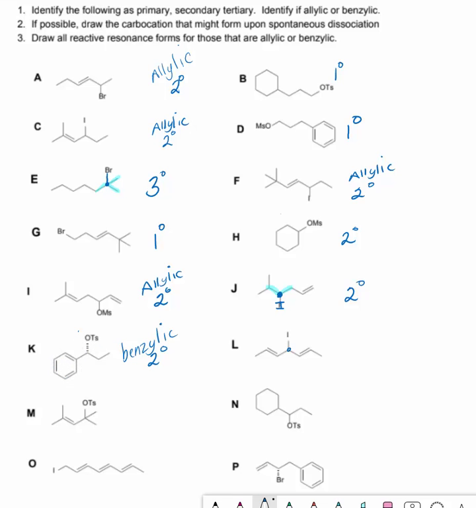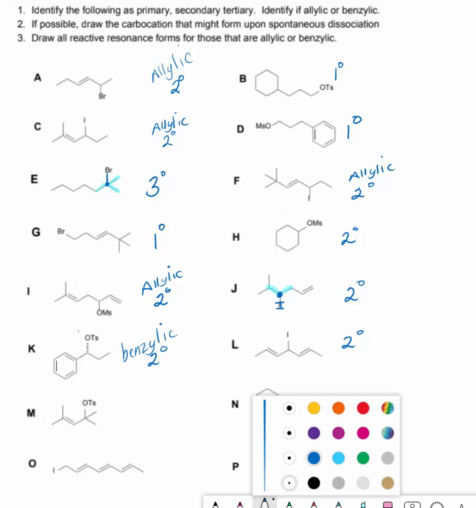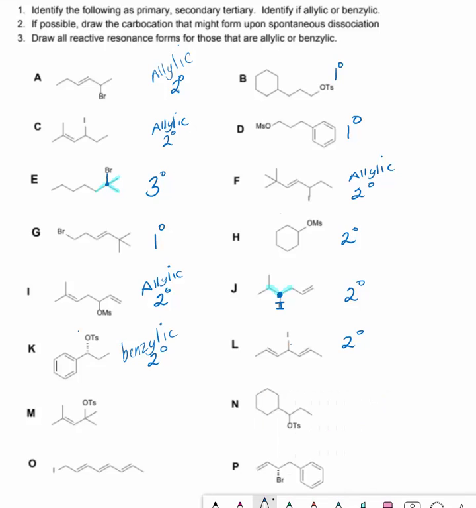For L, we're looking at this carbon here, and we're going to analyze, and it's bonded to 2 other carbons. That makes this secondary. Oh, I didn't do the carbocation, but I'll do that in a minute. So we have a secondary compound here. Now, both of these carbons are sp2 hybridized, and they have double bonds bonded to other sp2 hybridized carbons.